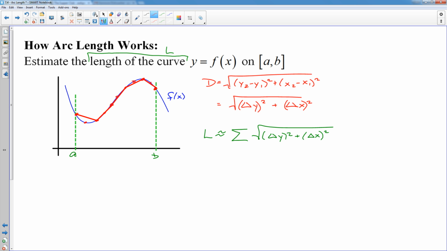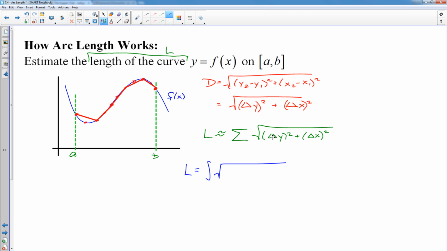And if you wanted this thing to be exact, then you would take this sum and see what happens as the number of subdivisions approaches infinity, and that's how we're going to get our arc length formula. So my actual arc length, if I take an infinite number of subdivisions, this thing, the sigma, turns into the squiggle S, which stands for sum, and my function in here is going to be the function inside my arc length formula.